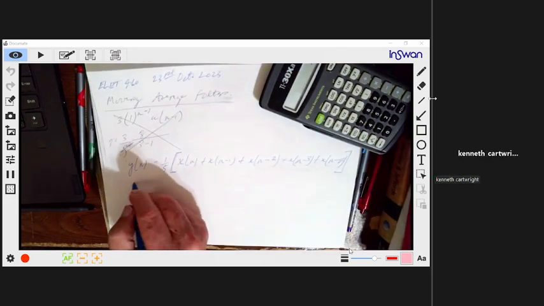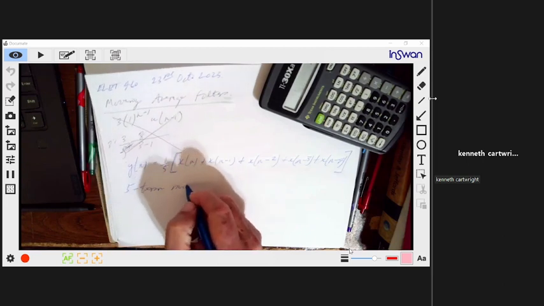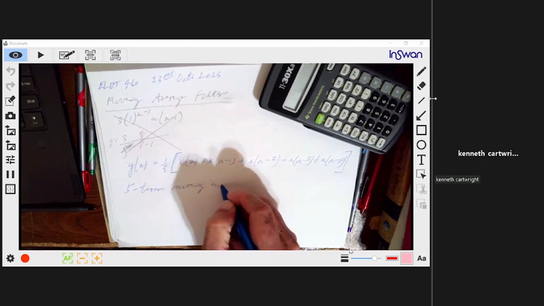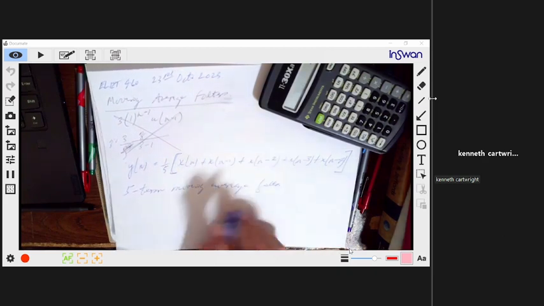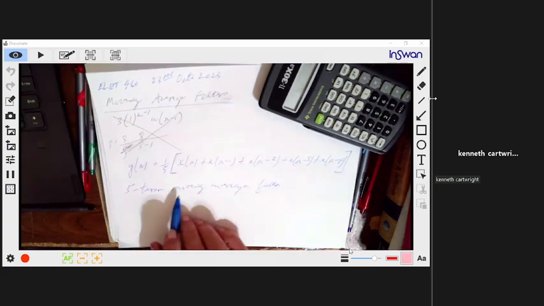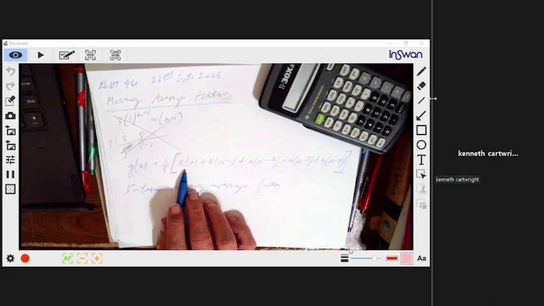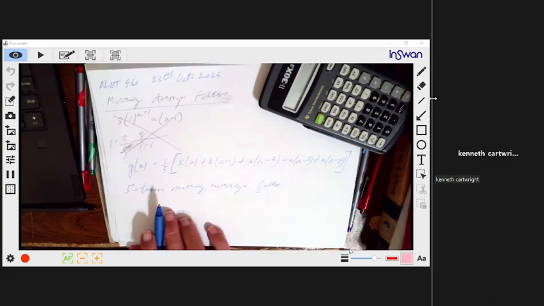Okay, this is called a 5-term moving average filter. So our output only depends upon the present input and the 4 previous inputs. So what kind of filter is this?